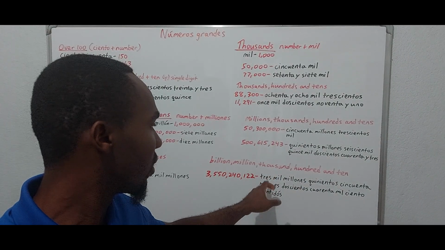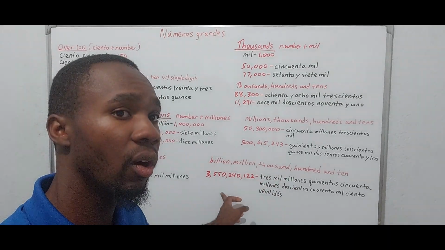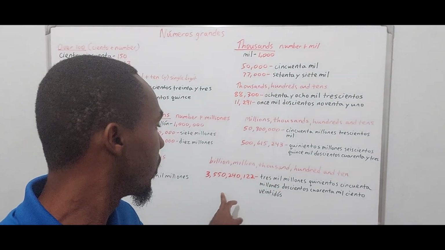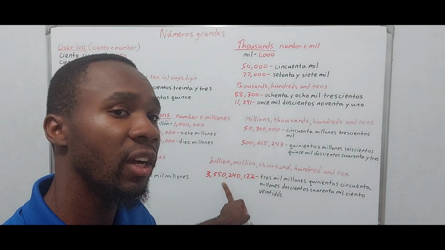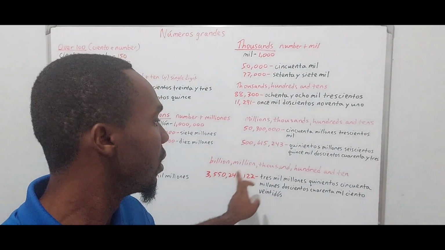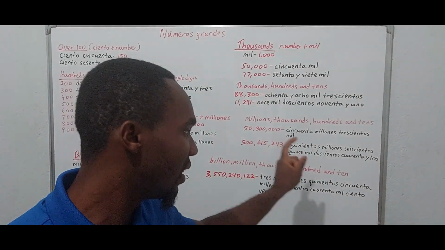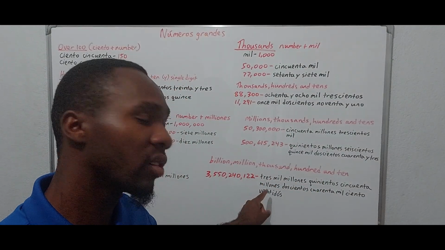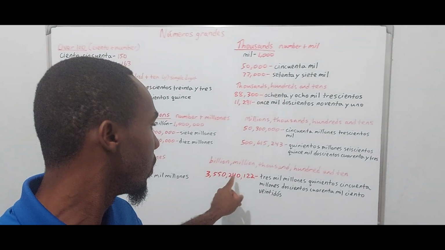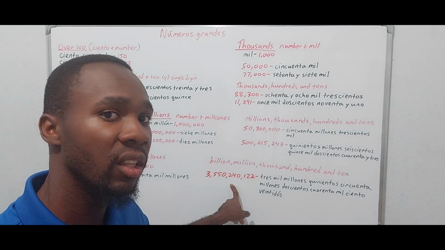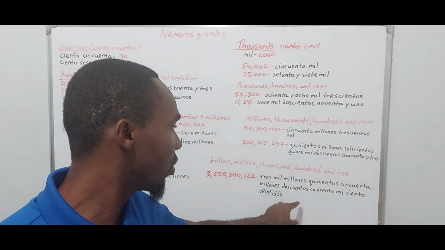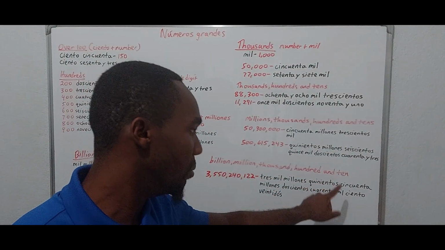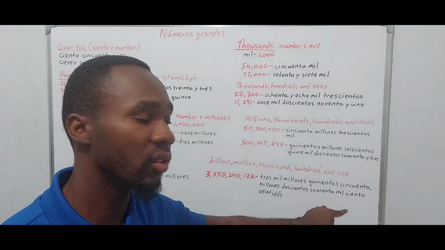So tres mil millones, that is how we would say 3 billion. Now we have to figure out how to say 550 million. Quinientos cincuenta millones. Then 240,000, doscientos cuarenta mil.